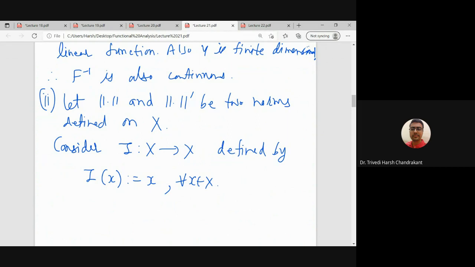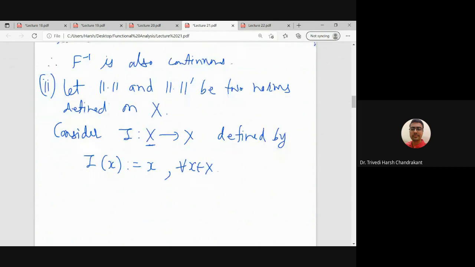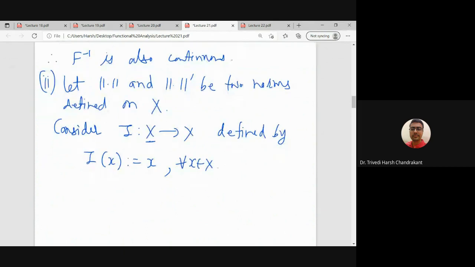On the domain we are considering the first norm. So the domain and codomain are the same vector space X, but on the domain and codomain we assign different norms.